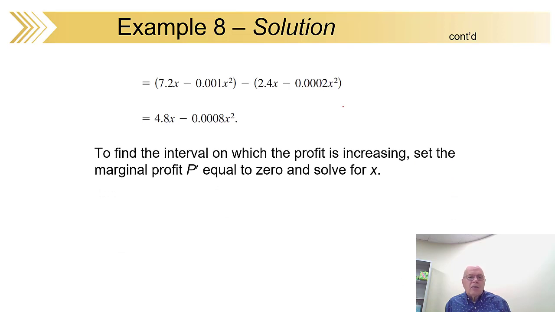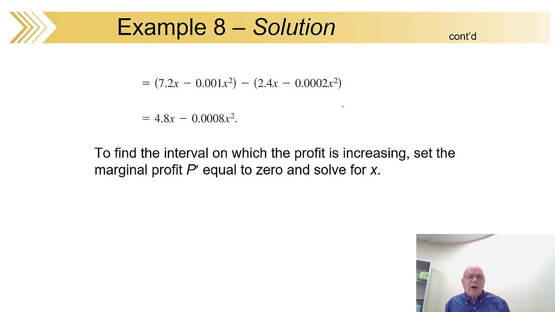To find the interval, we're going to find the marginal profit, alias the derivative, set it equal to 0, and solve for x to get those critical numbers. Now notice this profit function doesn't have a denominator, so you won't have to be concerned about an undefined derivative.